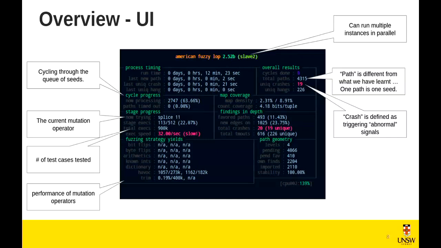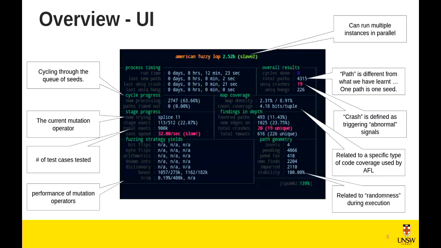And that timeout is often useful for us to detect performance issues of the target, or sometimes infinite loops. So this is also useful. And for map coverage, this coverage here is related to a specific type of code coverage used by AFL. We will learn more details about the coverage in AFL later.